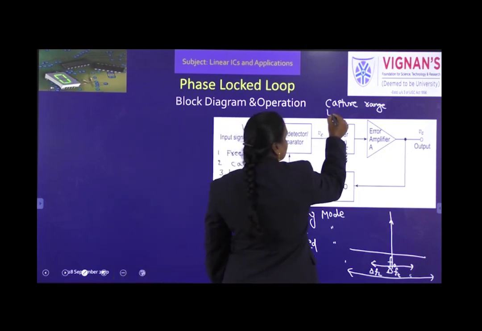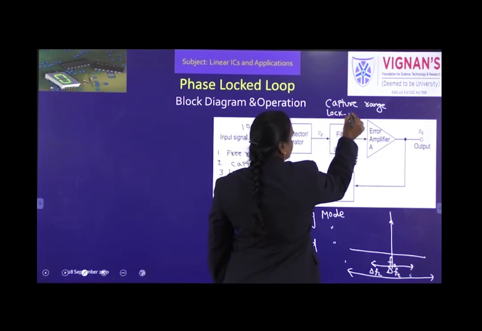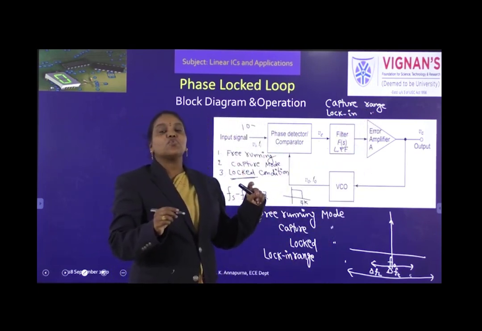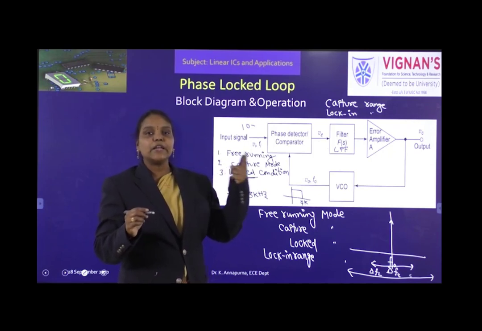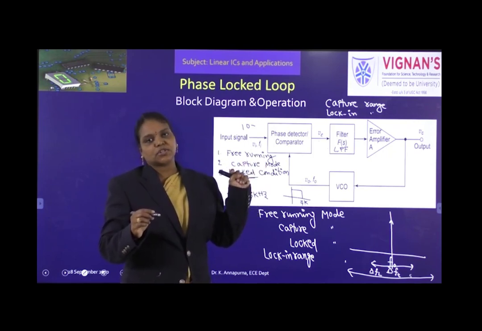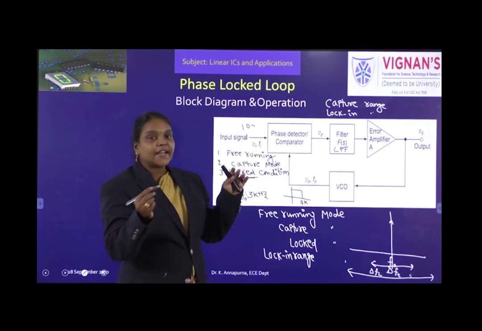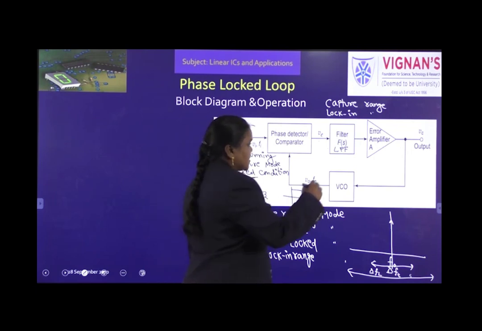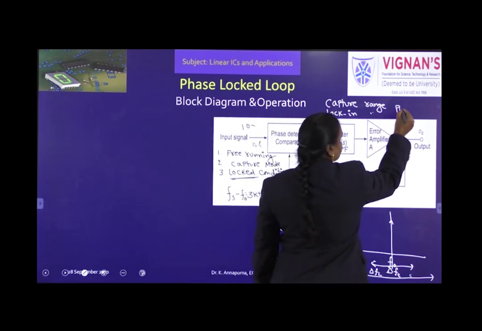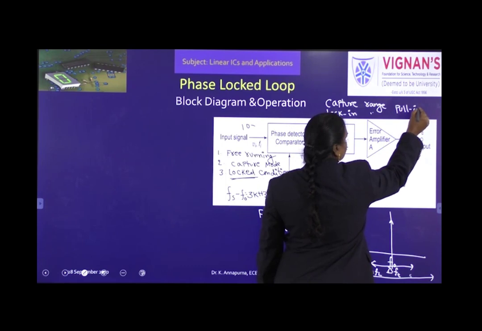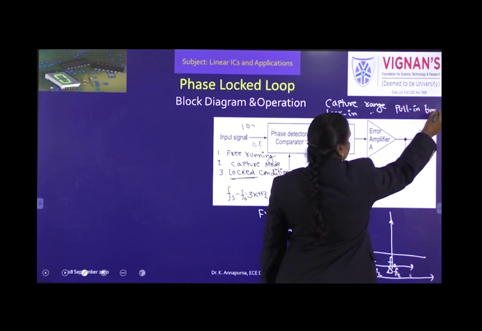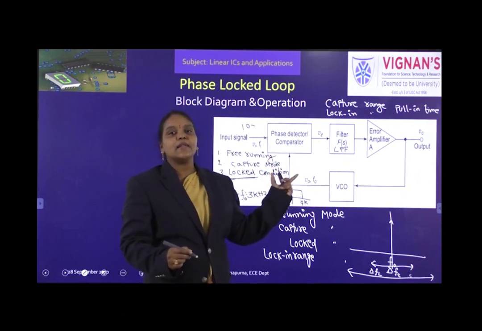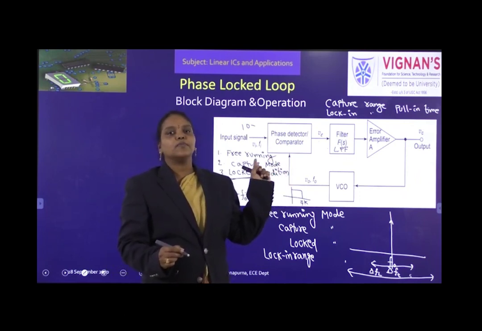And next, lock-in range means it is the range of frequencies over which the PLL can maintain lock with the incoming signal frequencies. Okay. That means it can directly track the incoming signals. And next one is pull-in time. So pull-in time means the time taken by the PLL to establish lock.